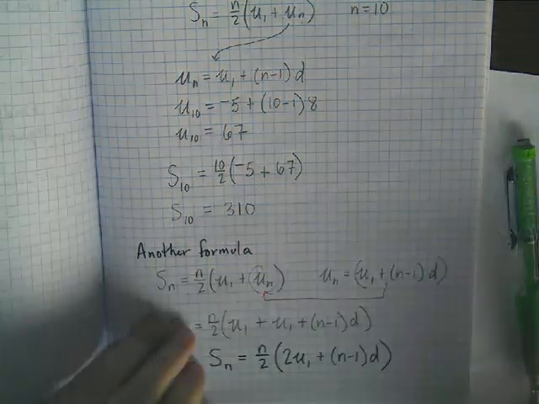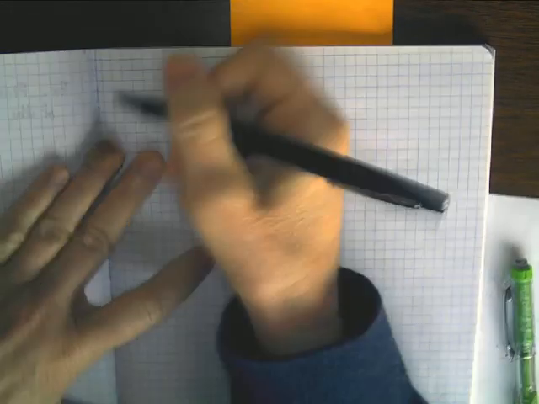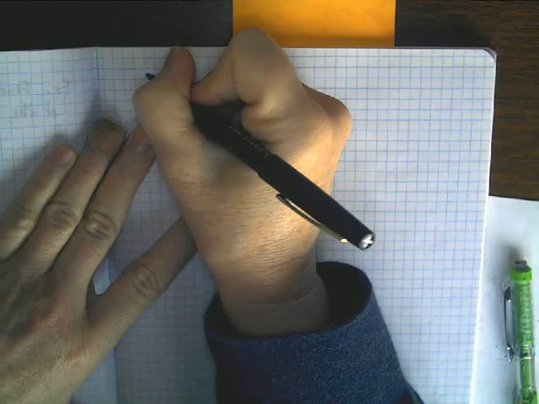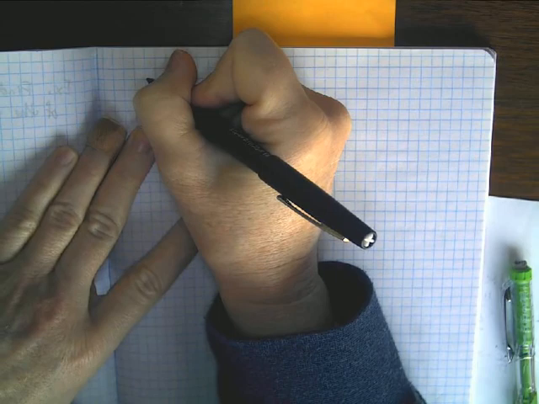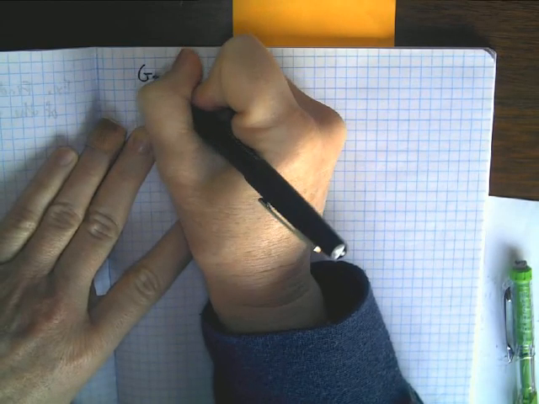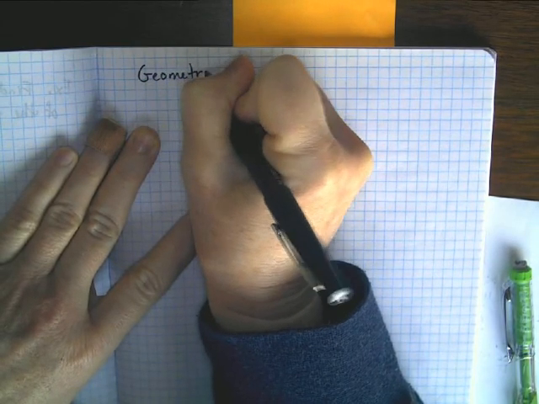Okay, so let's now look at the geometric. The sum of geometric sequences, so a geometric series. So let's see, how am I going to write this down? The sum, okay, so geometric series.